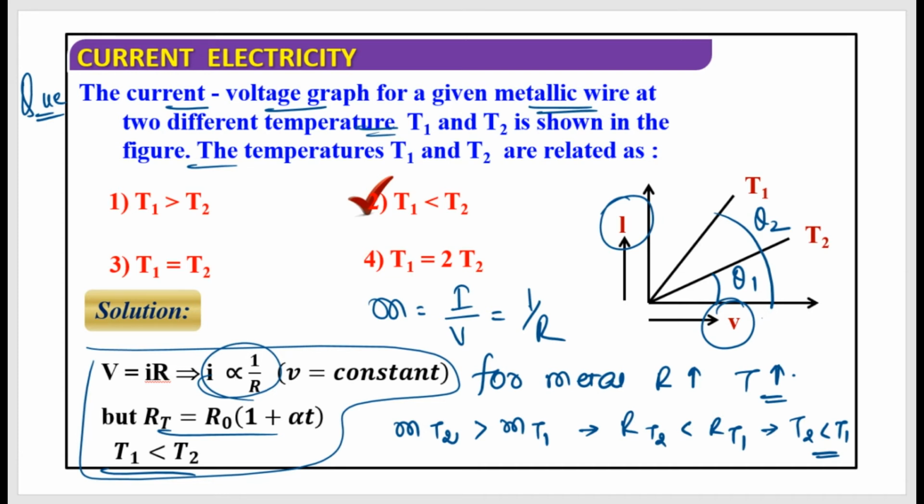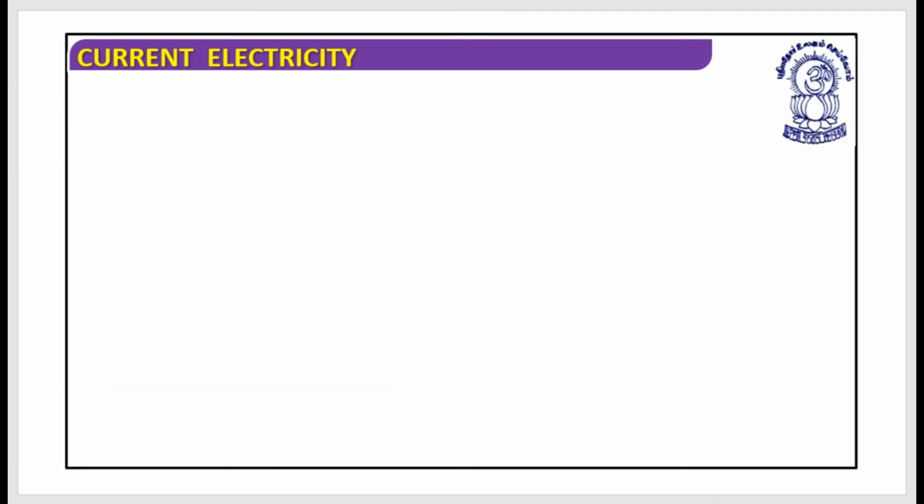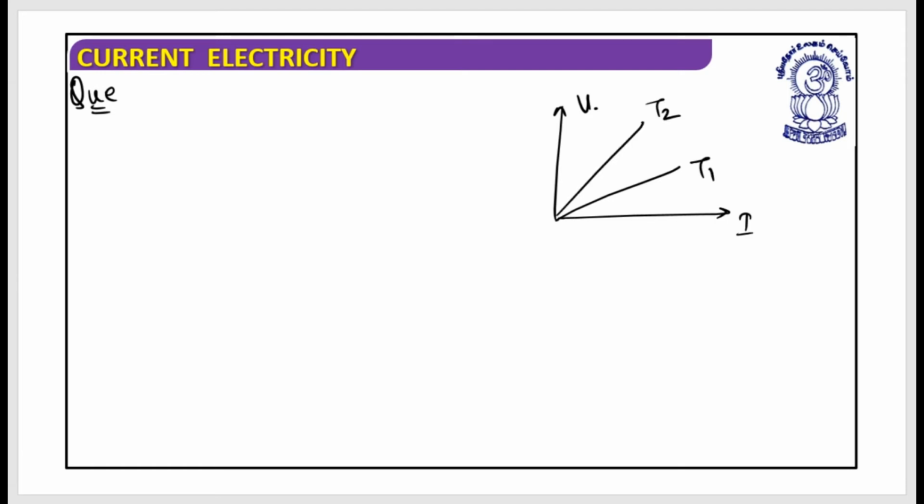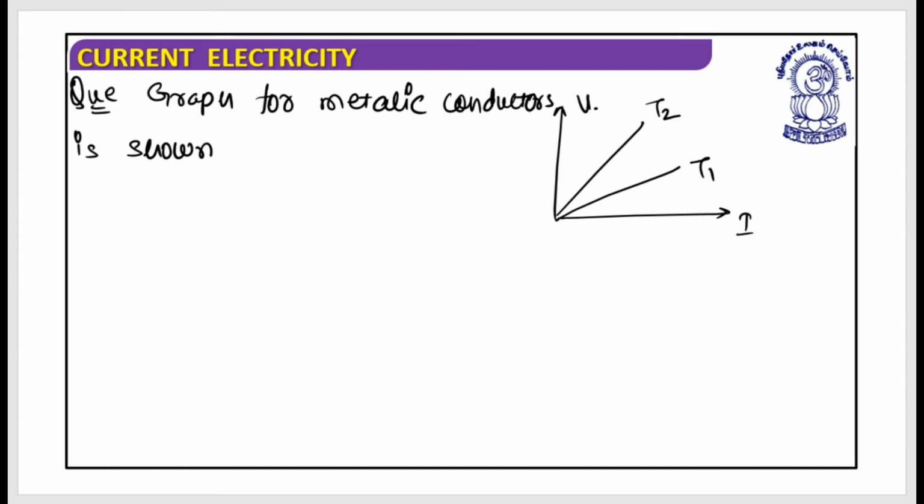Let me make a certain modification to this. Let's suppose this is V, this is I, this is T1, this is T2. It's a graph for metallic conductors shown in the figure.